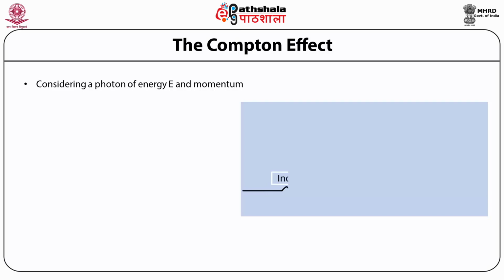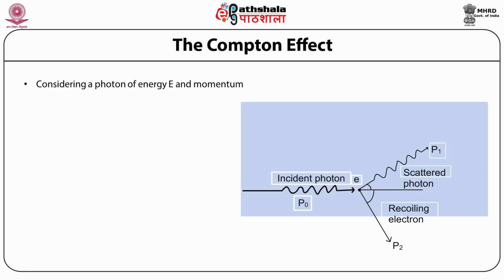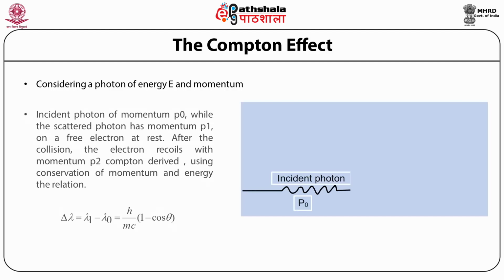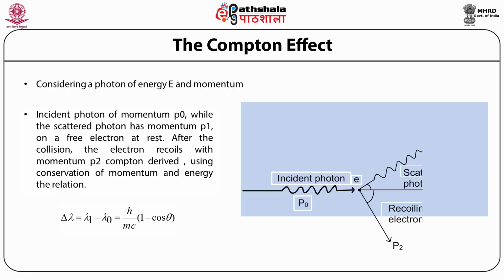If we look at the figure which depicts the Compton effect, the photon which is incident on the stationary electron has an initial energy E and initial momentum P0. This photon hits the electron and there is an elastic collision.